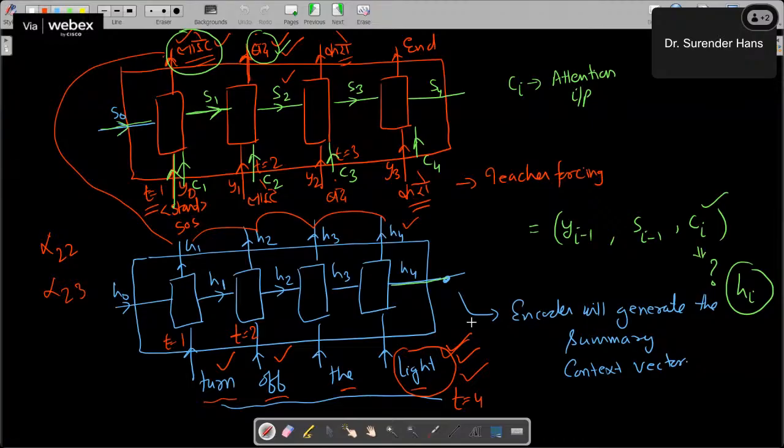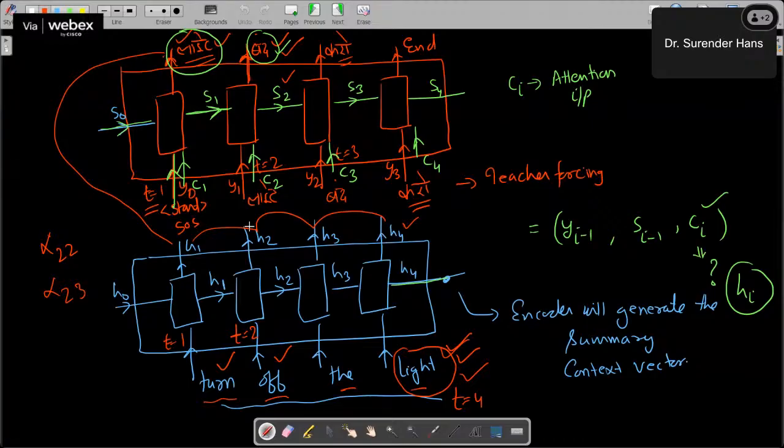That is the problem in encoder-decoder. So the mechanism that was developed is the attention mechanism: you provide an extra input along with S0 and the current input, S1, and the current input S2, and so on. That is the attention mechanism.